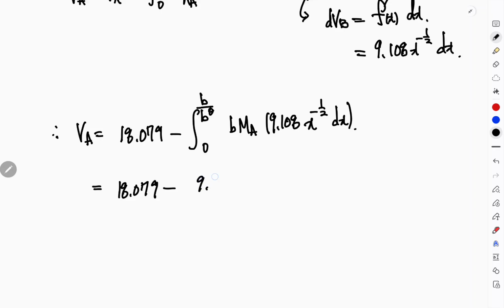We are going to just integrate this part. Let's see. This molality.